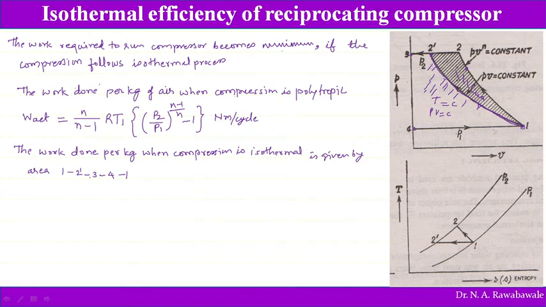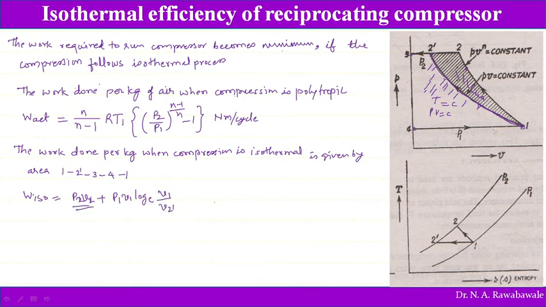So isothermal work is equal to P2 V2, as in the previous derivation, plus P1 V1 log to the base e V1 divided by V2 dash.